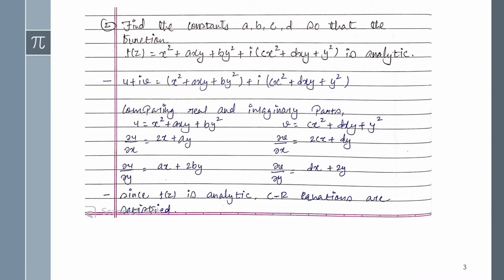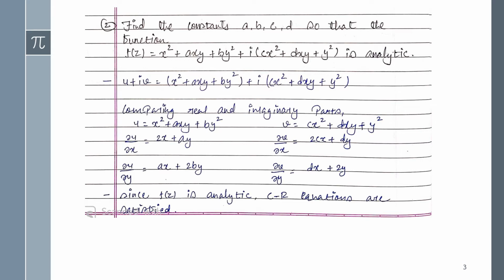Now the second one is given: find the constants a, b, c, d so that the function is analytic. So again with the same procedure guys, here you have to find its real and imaginary parts, and since analytic is given, you have to compare the CR equations, and to compare the CR equations you need to find those four components, ux, uy, vx, vy, right?